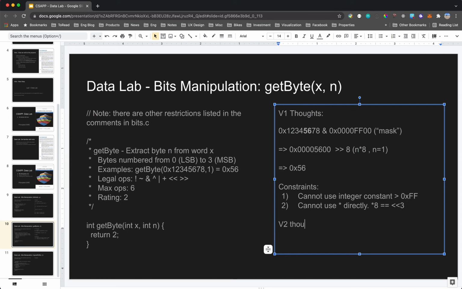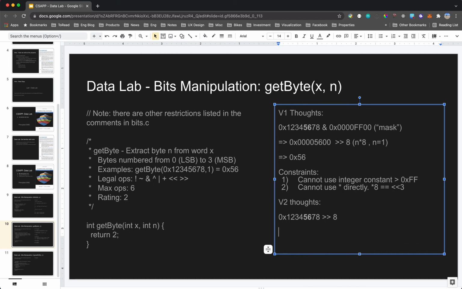So what I mean by that is, let's see, V2 thoughts. Here, instead of applying this root number directly with the mask, how about we shift it to the right side first? After we shift it, this will be something like this, right? And then at this point, we apply a mask just as 0xFF. In this case, this mask is static.